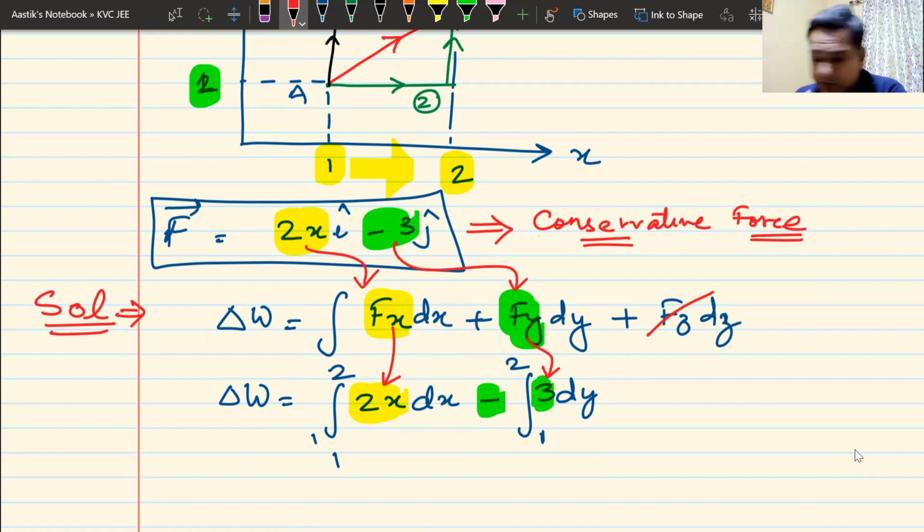You can see fx is 2x and fy is minus 3. So I've just put the values, and I have put the values of limit. x is varying from 1 to 2, and y is varying from 1 to 2. Both the limits are same because x and y both are varying from 1 to 2. Do we understand this now?